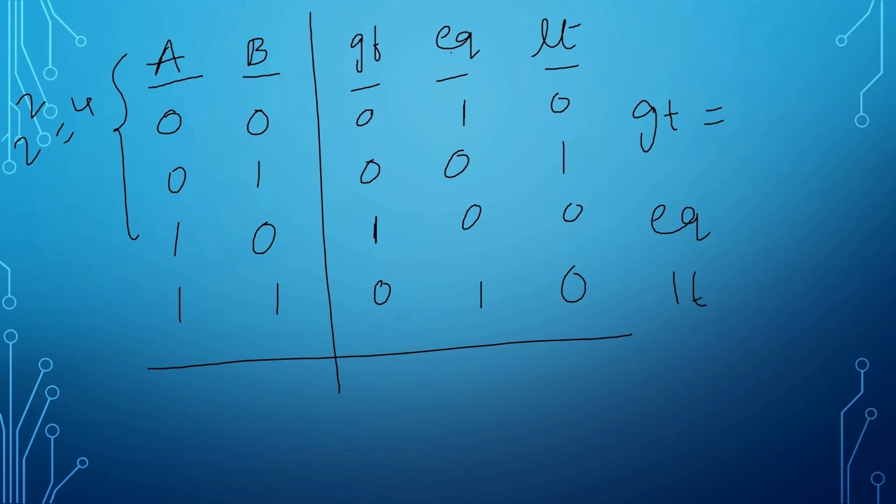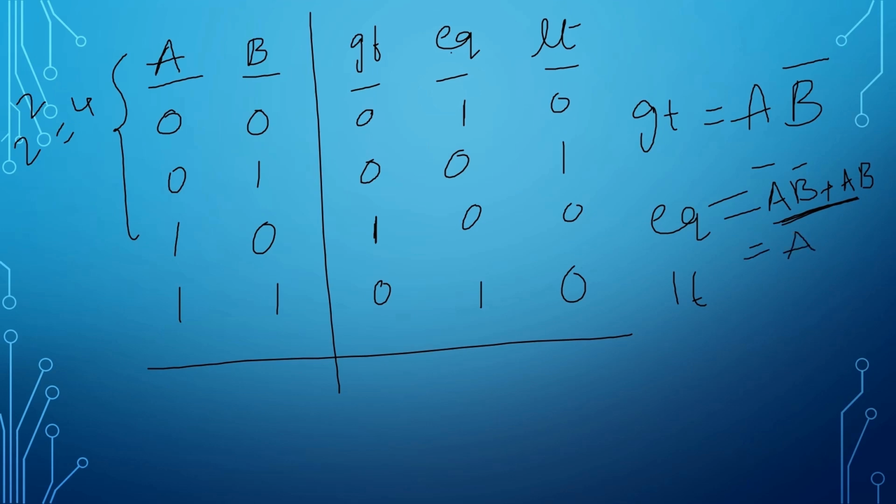For GT, when A equal to 1, B equal to 0, GT becomes 1. Only that is the case. So GT becomes A into B bar. Why B bar? When B is 0, it is becoming 1. For EQ, in two cases it is becoming 1: for A 0, B 0 and for A 1, B 1. So A bar B bar plus AB. What is this?